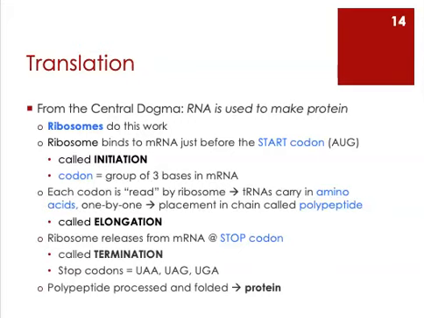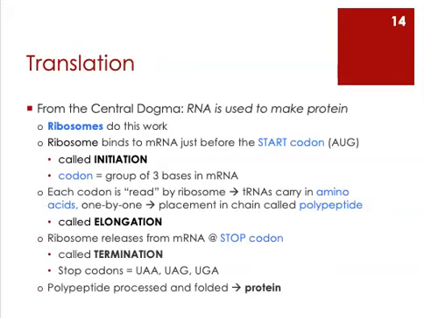The ribosome is going to attach to the messenger RNA, and it's going to read these bases. It's going to read them like a code, and it's going to build a string of amino acids from that code. That's what a polypeptide is. The polypeptide will then fold up and become a functional protein.